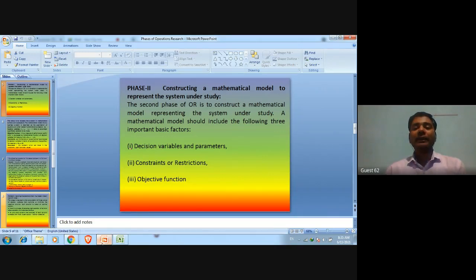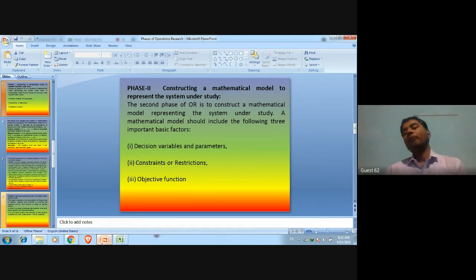You have to construct a model according to the variables you have collected, meaning according to the information you have collected.